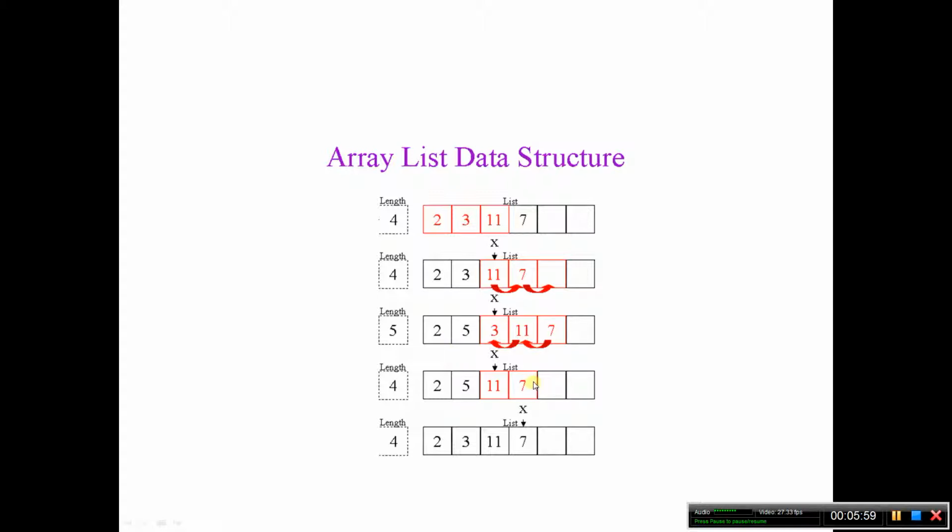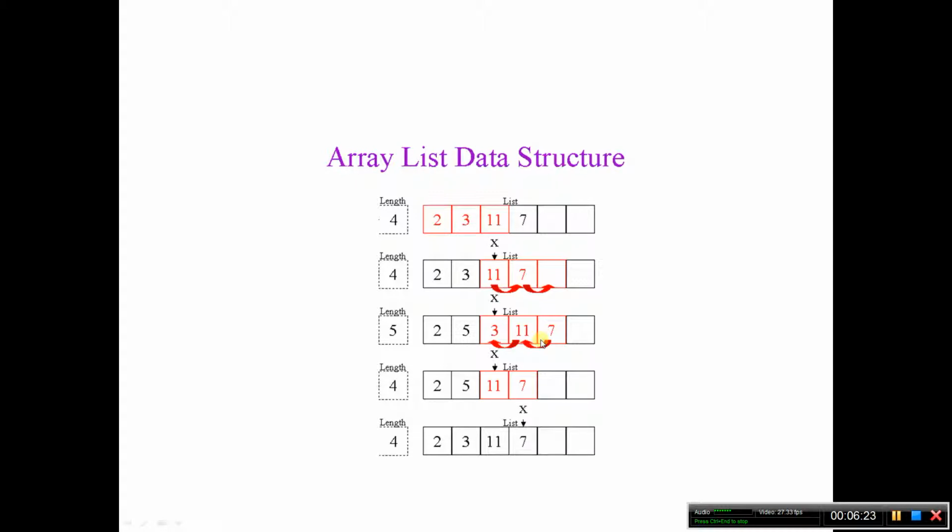In the same way, if I want to remove 3 from this position, what should I do? I should move 11 to 3's position and 7 to 11's position, so that only 3 will be removed without any gap.